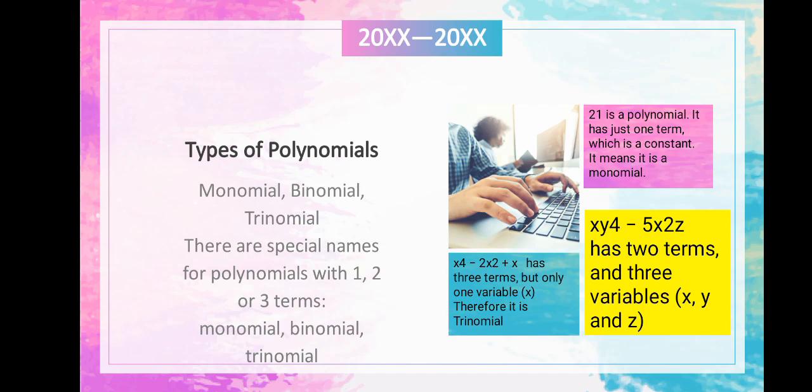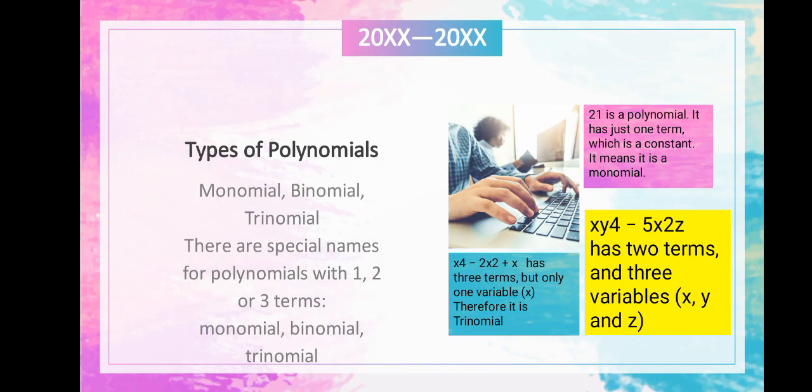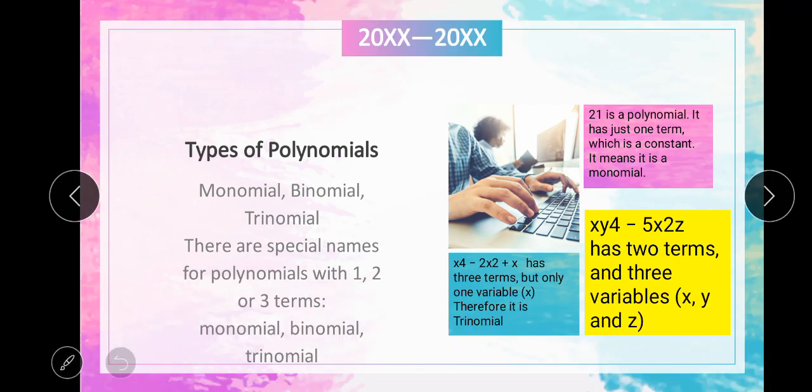But if the polynomial is given like 5x square plus 6y, or ax plus b, or xy to the power 4 minus 5x square z, this is an example of a binomial.